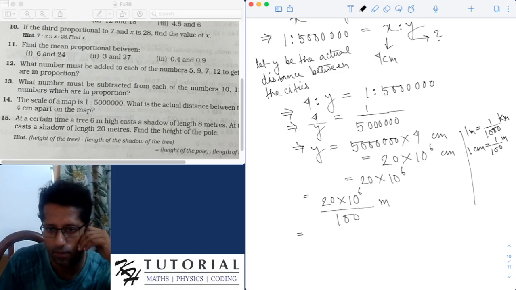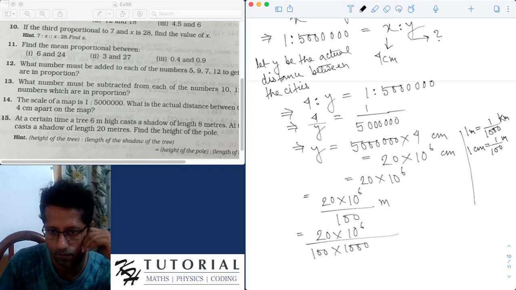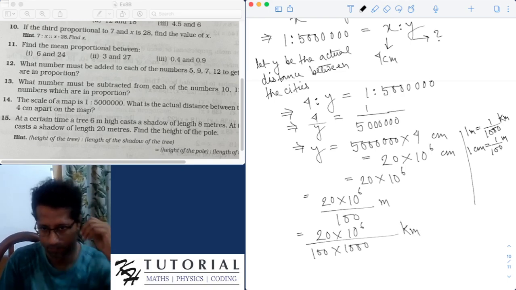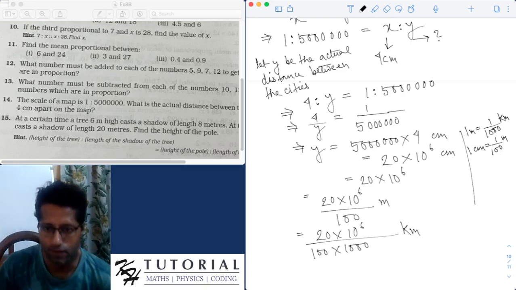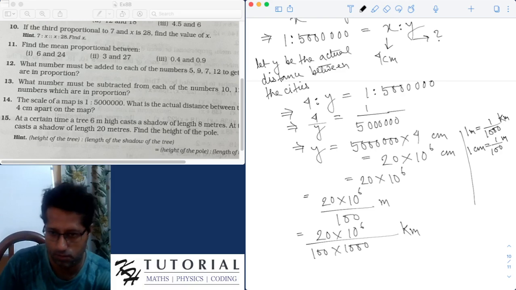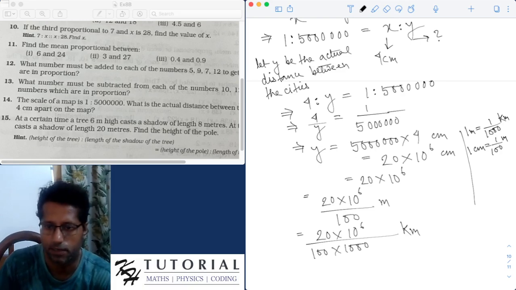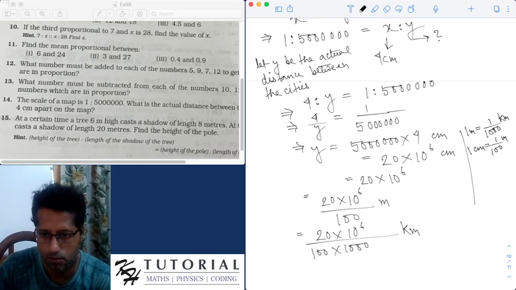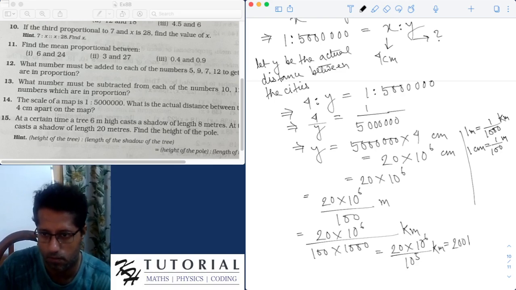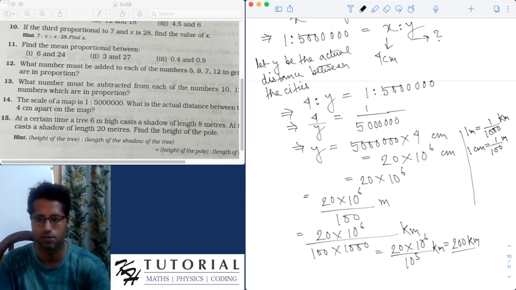Now again, if we divide this by 1000, we get this much kilometer. So we have 5 zeros in the denominator and 6 zeros in the numerator, so this is 20 into 10 to the power 6 divided by 10 to the power 5 kilometer, and obviously this is 200 kilometer. So the actual distance between the two cities is 200 kilometer.